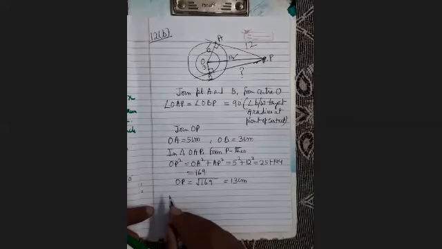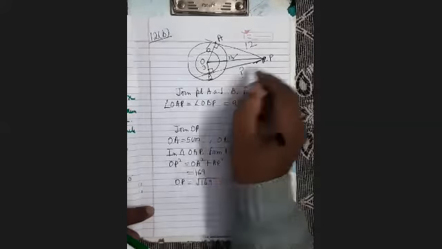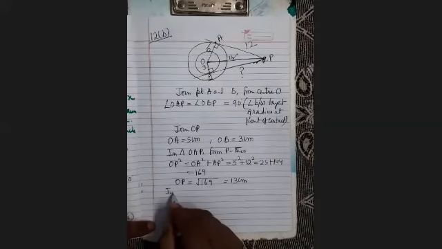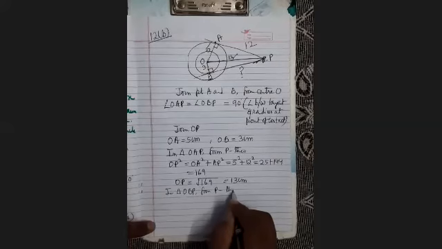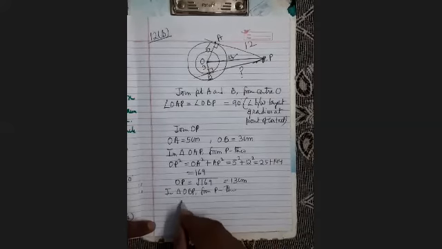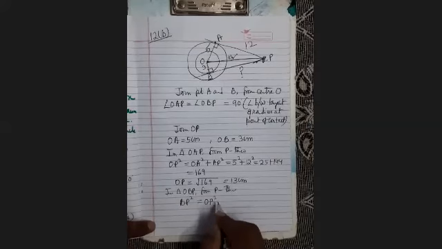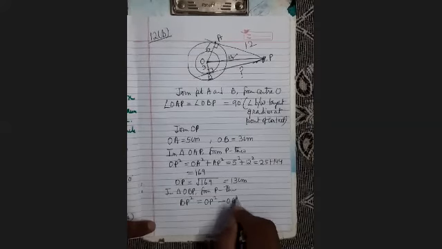So in triangle OBP, by Pythagoras theorem, what will be BP square? It will be OP square minus OB square.